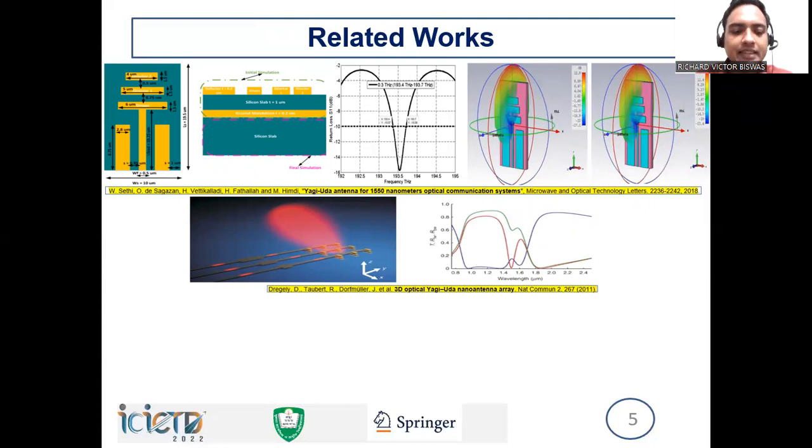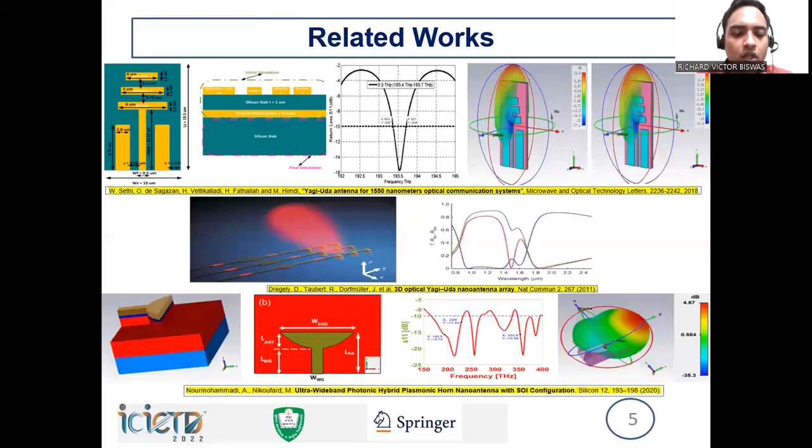Next, a 3D optical Yagi-Uda nanoantenna array was modeled by D. Dregely et al. A significant difference between the two reflection spectra occurs at 1.5 micrometers, at which the radiation pattern shows the highest asymmetry. The directivity, gain, and efficiency of this array are 15 dBi, 6 dB, and 33.33% respectively.